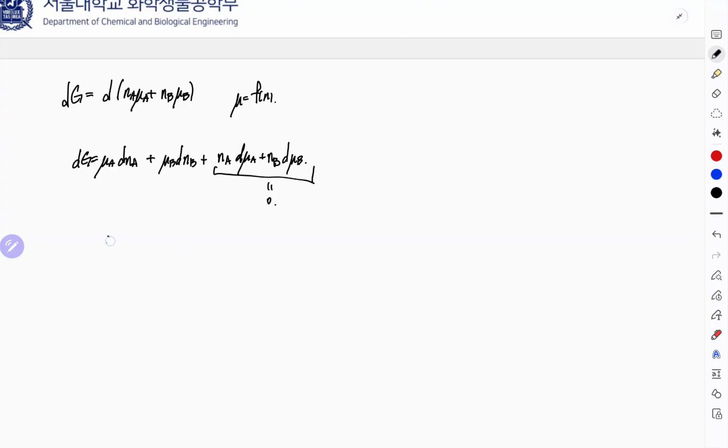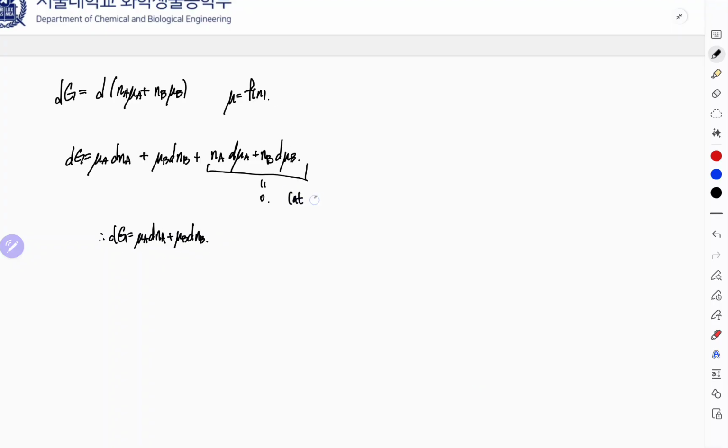So this means that the chemical potential change is not an independent function, it is always dependent on the other chemical potentials. And they have opposite signs.